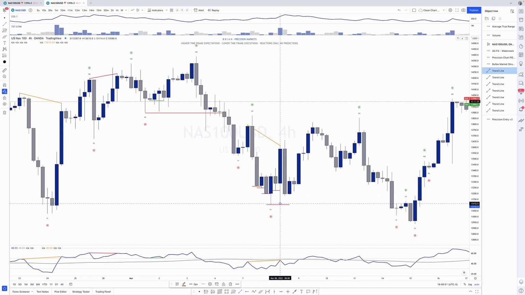Now here's something interesting. This long wick comes down here, price makes a wick, but this wick is higher than this wick to the left. Does it matter the order? No. All that matters is that this middle candle is lower than the two candles to the right and the two candles to the left. And it doesn't have to be in a sequential order.